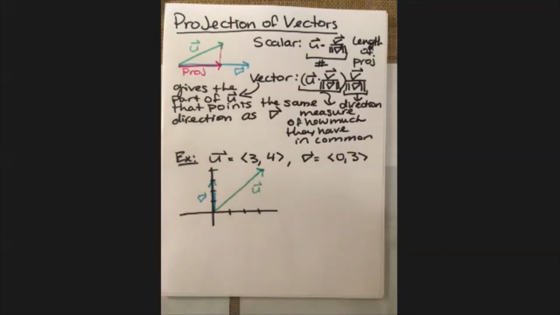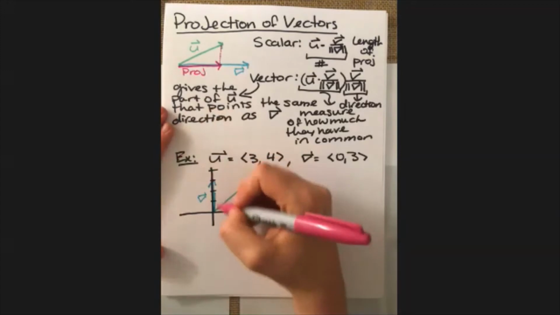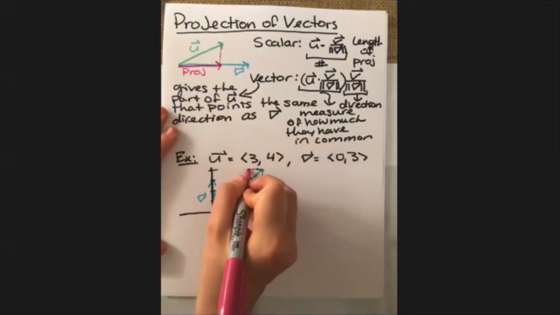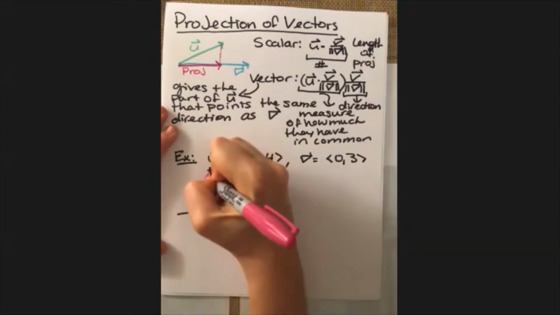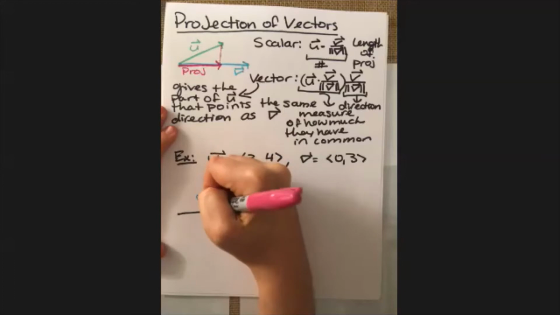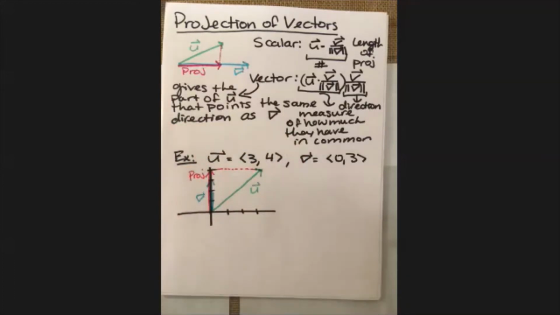Now, if we want to take the projection of u onto v, it's just going to be the part of u that lies along v. So think about it as casting a shadow down this direction. It's going to look just like so. But how do we actually find the values that are associated with this?